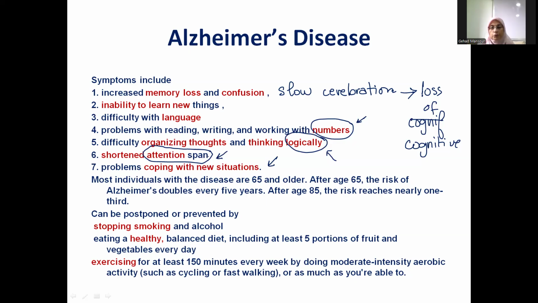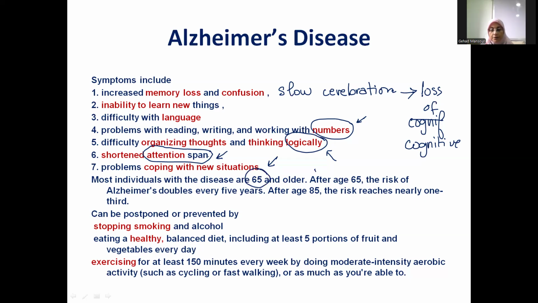Usually the patients are above 65 and older, but sometimes they might be affected at an earlier stage if they have a genetic predisposition and if they are exposed to stressful events or if they lead an unhealthy lifestyle. After the age of 65, the risk will be doubled every 5 years.